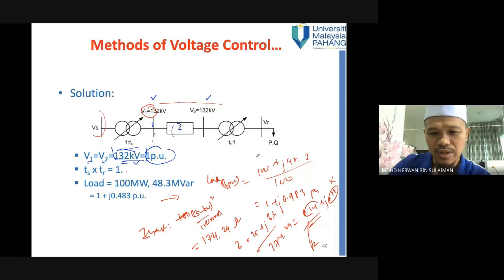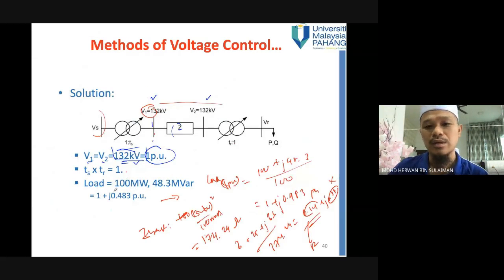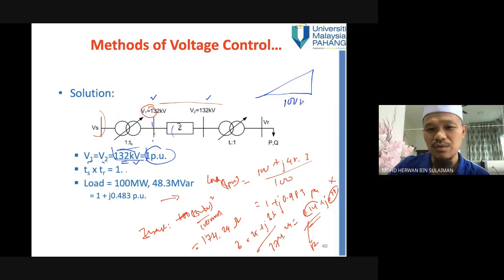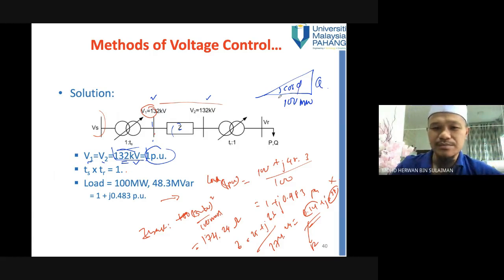Before that, you need to look at your load. Your load is 100 megawatts, 0.9 power factor. Okay, so your load is 100 megawatts. Given 0.9 power factor, cos phi is given. So how do you want to find your Q? Okay, so you do what? You inverse the theta, right?